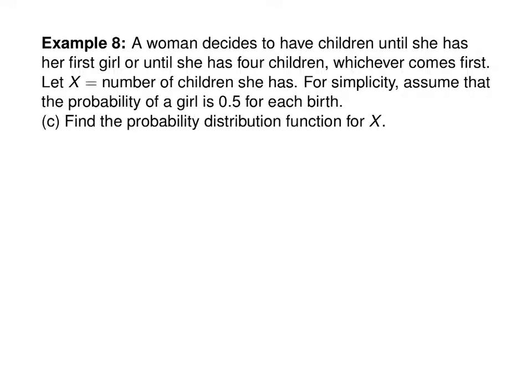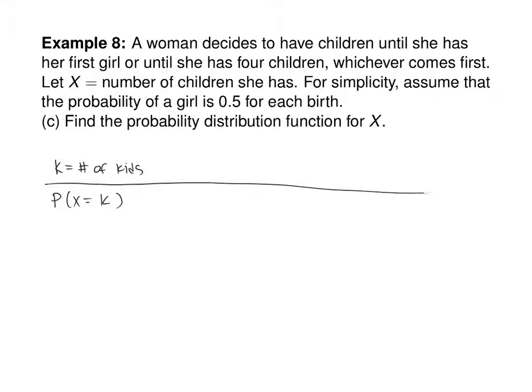So C says to find the probability distribution function for X. In this case, X is how many kids she has. So K equals number of kids. Probability that X equals a specific K. She doesn't have no kids, but if she has 1, what's the probability with which that happens? Just a half. Yep.